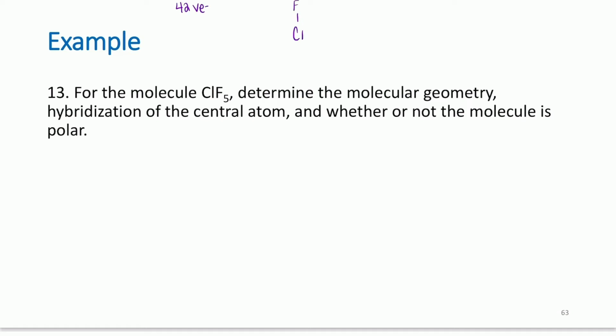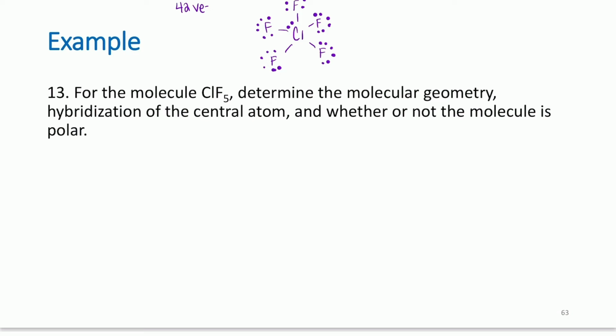Cl, connect to your fluorines. Add your lone pairs. I've used up 10 so far. 12, 14, 16, 18, 20, 22, 24, 26, 28, 30, 32, 34, 36, 38, 40, and 42.